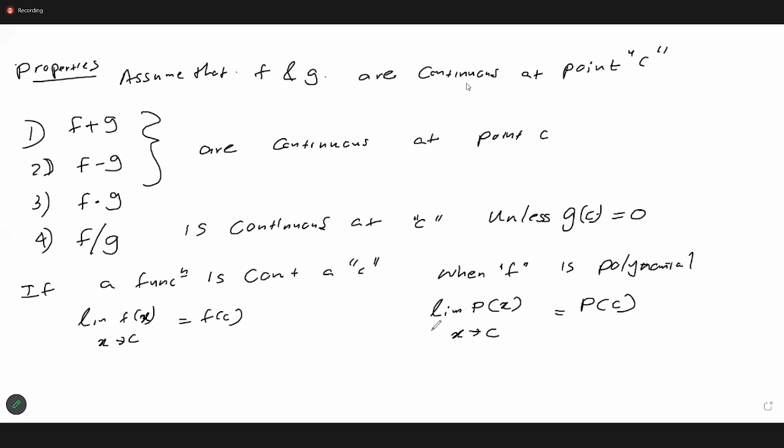Right. But we know this property because at the beginning we learned this one. What is that? Every polynomial is always continuous everywhere. Every polynomial is always continuous everywhere.